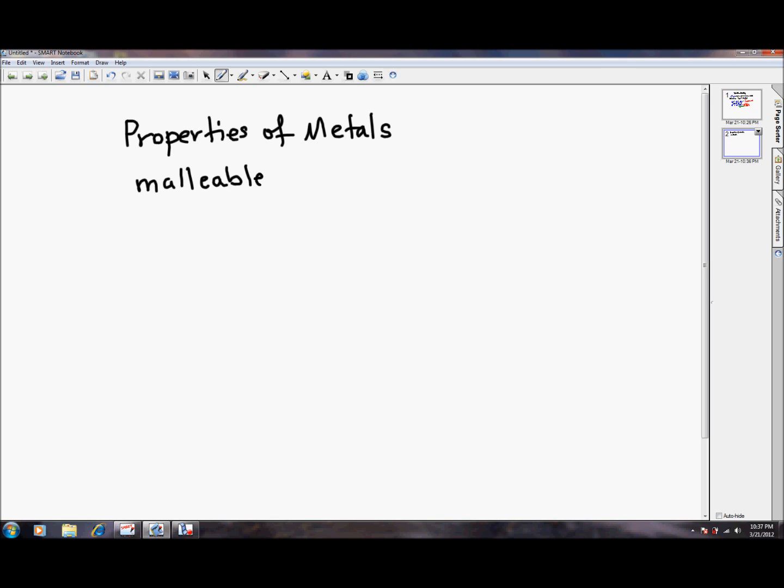The scientific term for being bendy and flexible is malleable. Most metals, if you think about it, you can take them and bend them. Some of them are much harder to bend than others, like it's much harder to bend a bar of iron than it is to bend a piece of aluminum foil. But it still can be bent.